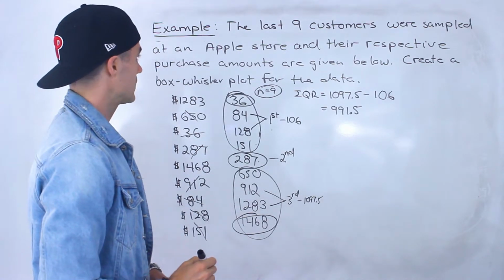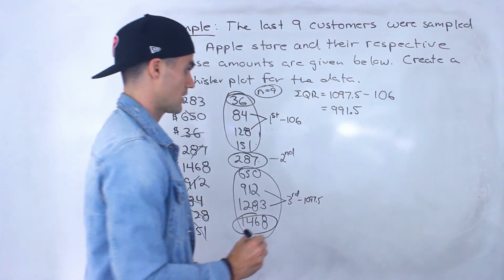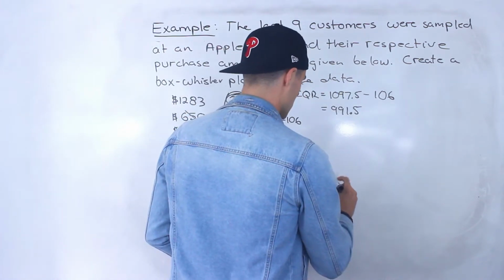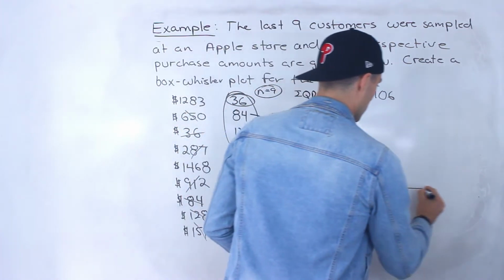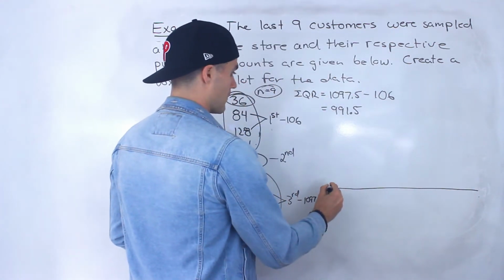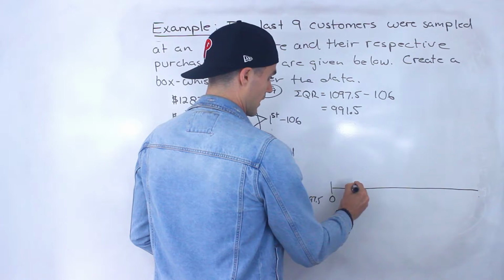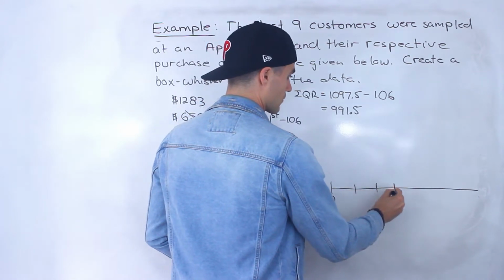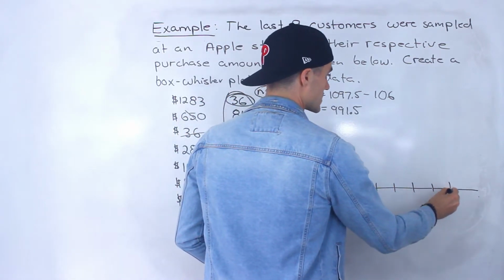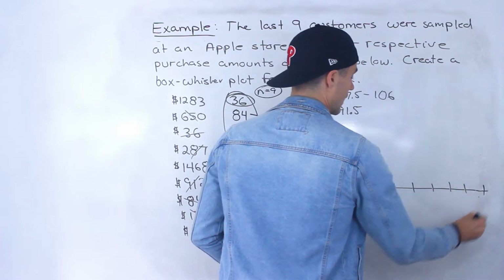So if we make the Box-Whisker plot now, we have to have a scale. I'll go up by, let's go up by 200. So we'll start at 0. We'll have 1, 2, 3, 4, 5, 6, 7, and then 8.